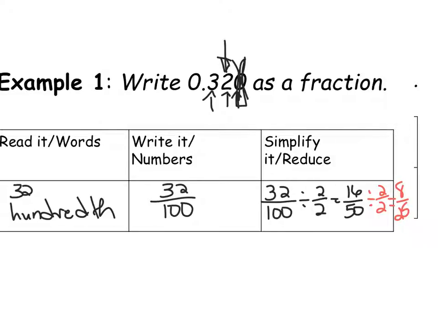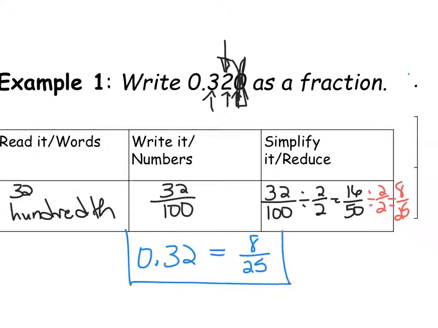So it's no longer even, so that means my number is in 25ths. So all this means is that when we're writing out our numbers, 32 hundredths is equivalent to 8/25 as a fraction, and that would be your answer.